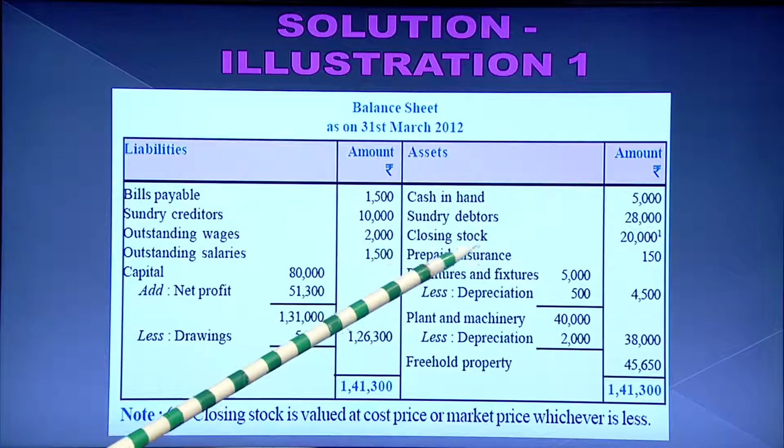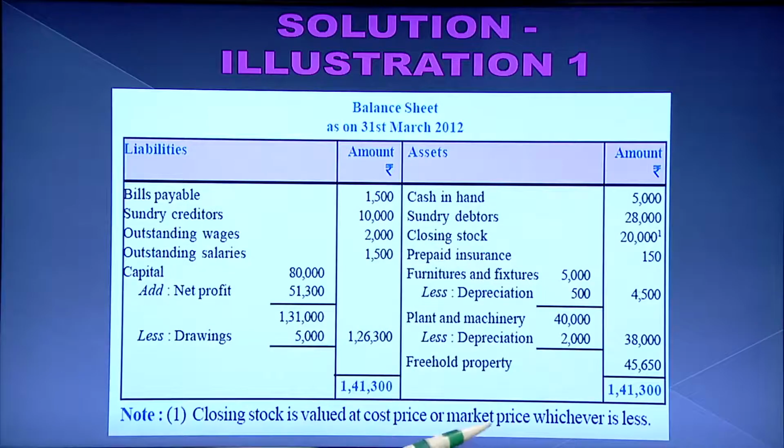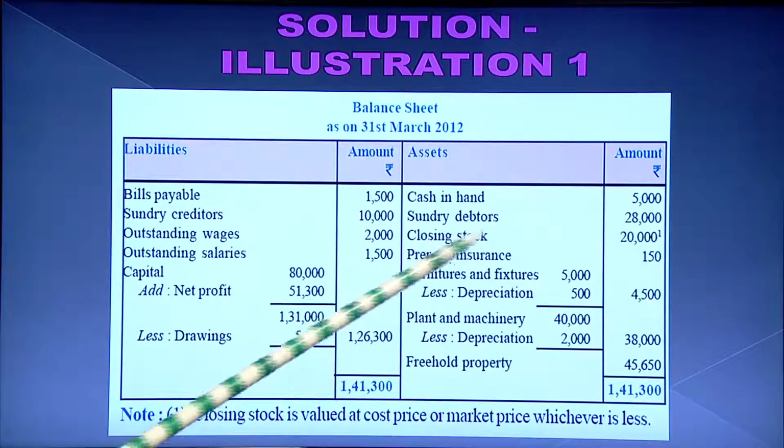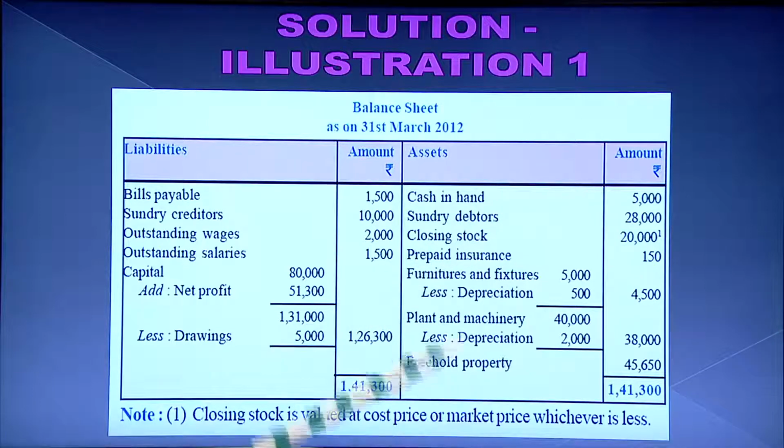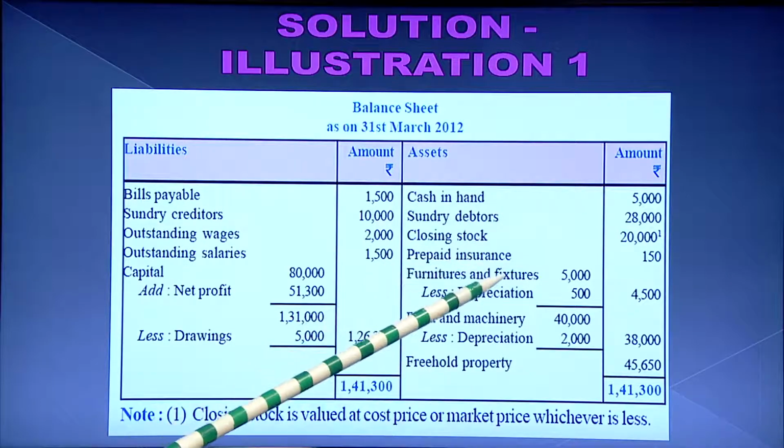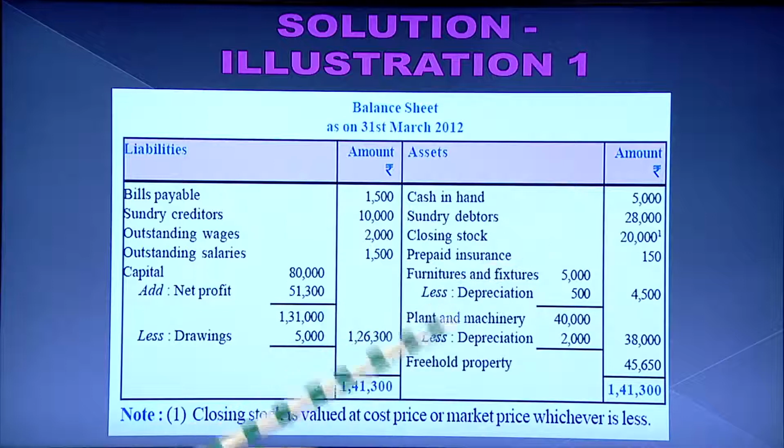Next is closing stock. Closing stock is our adjustment, because we talk in this chapter about adjustment. The cost value of closing stock is given as 38,000, but the market price of closing stock is 20,000. So, market price or cost, whichever is less, 20,000 is less. So, we will show 20,000 as closing stock. Next is prepaid insurance, this is also an adjustment, 150.